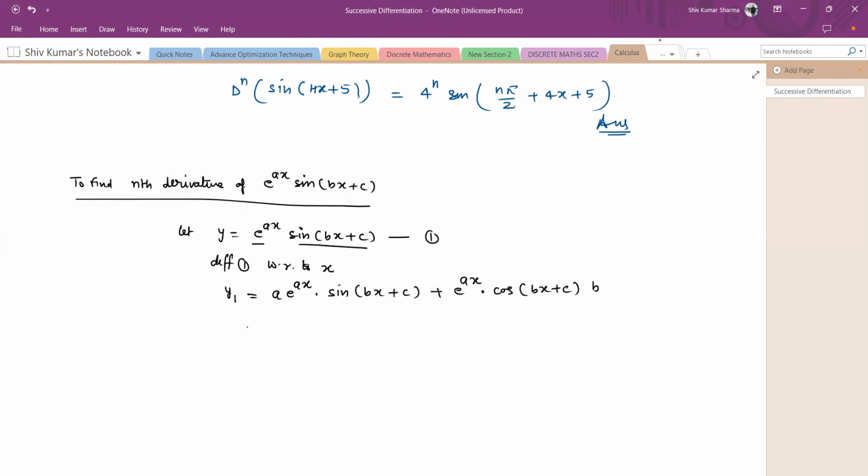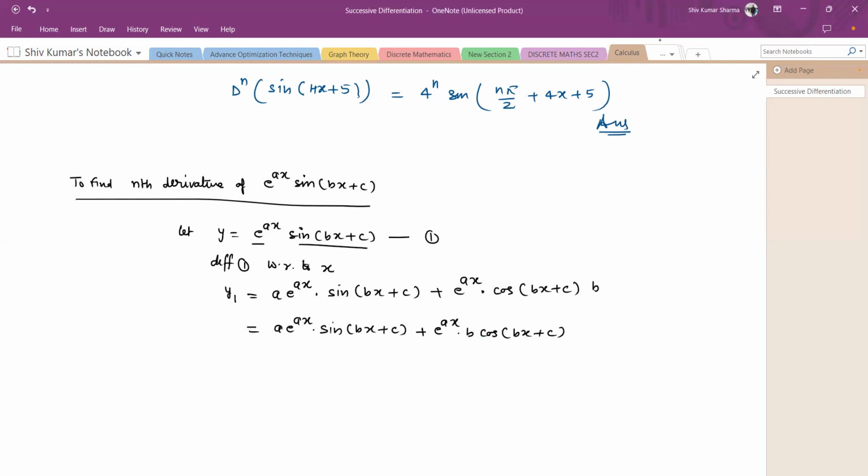Okay, so we write this as a e raised to the power ax into sine(bx + c) plus e raised to the power ax into b cos(bx + c).